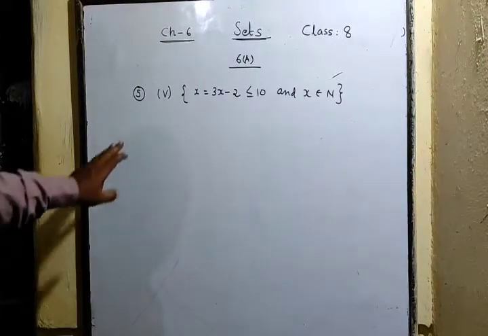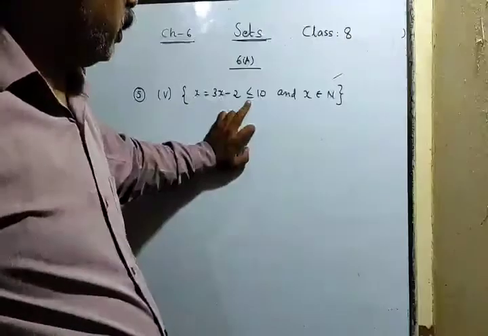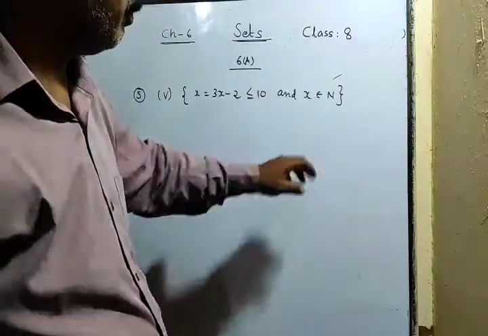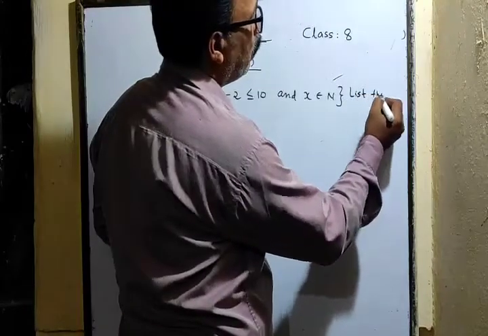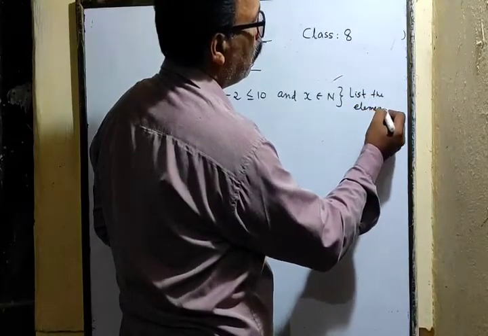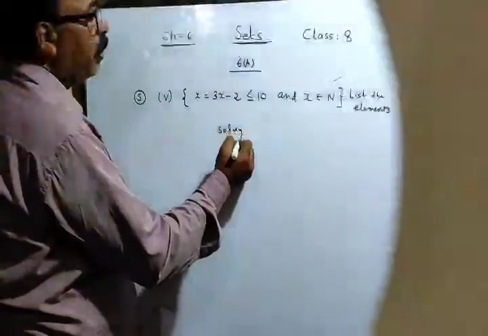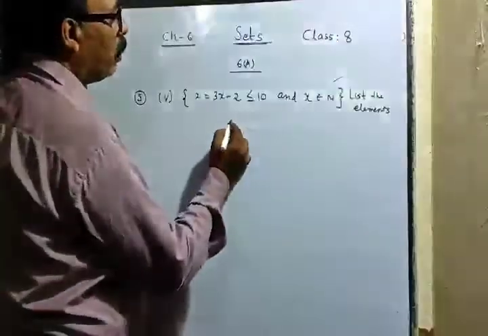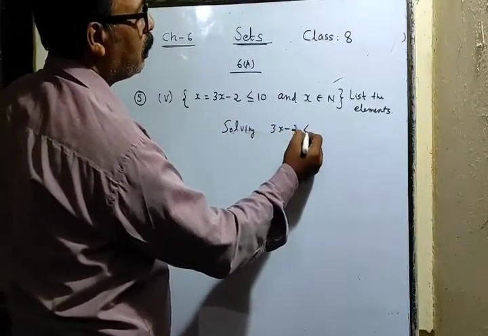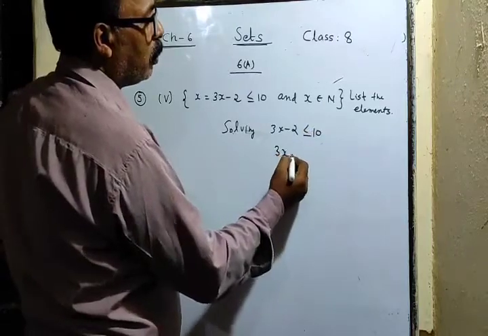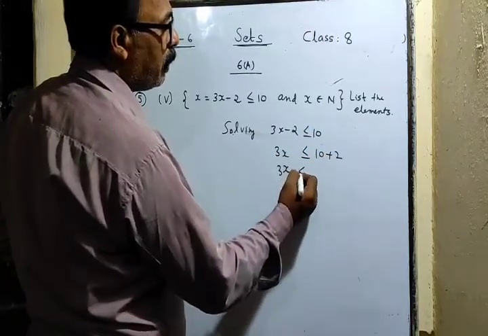Now we are in question number 5. It says {x : 3x minus 2 is less than or equal to 10 and x is a natural number}, and we have to list the elements. So we'll solve it. Solving 3x minus 2 is less than or equal to 10. So 3x will be less than or equal to 10 plus 2, that is 12.